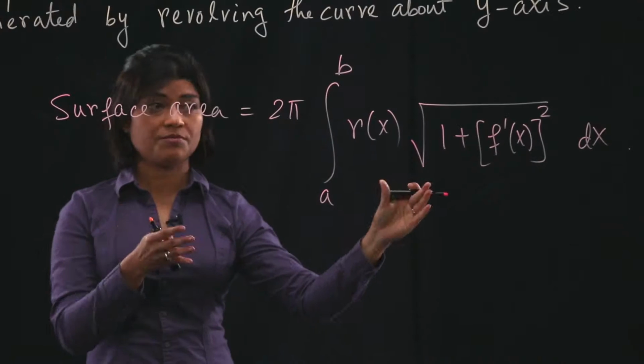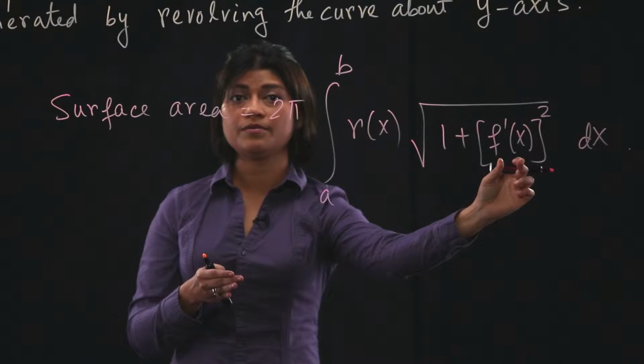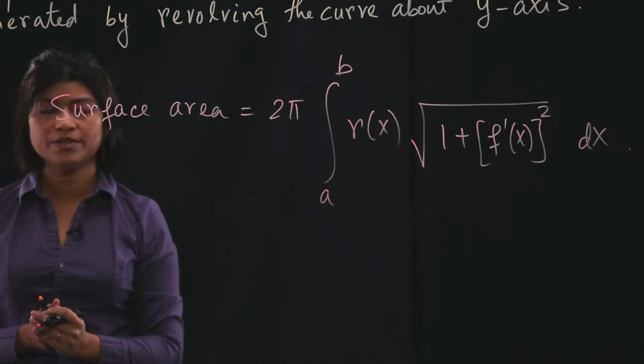So this is the setup. We have to figure out a, b, r, and the derivative of the function and then square it. Then we'll have the integral that we need to evaluate.